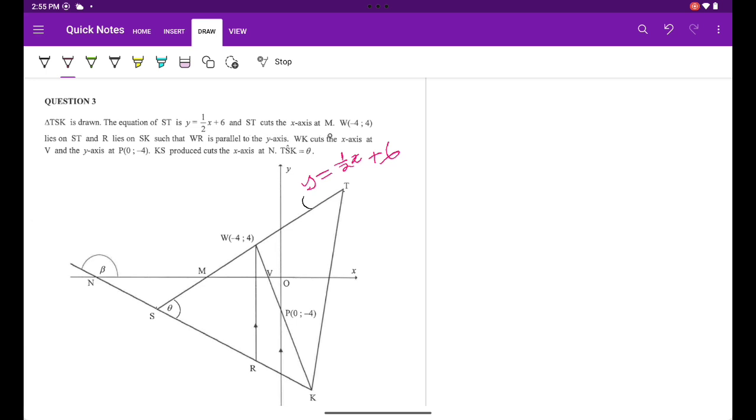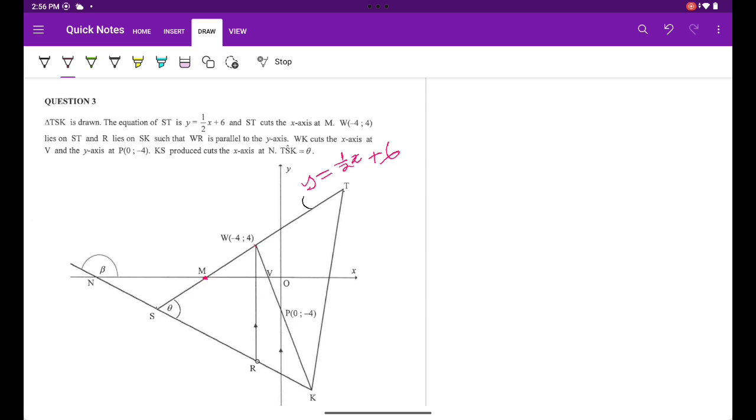ST cuts the x-axis at M. That's our M. And W is -4 and 4, so that's W, and it lies on ST. And R lies on SK, such that WR is parallel to the y-axis.